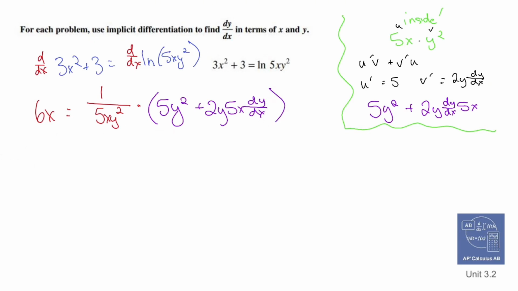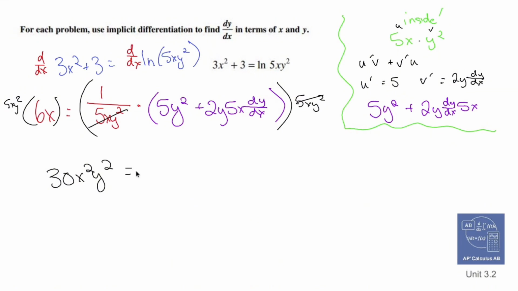What I'm going to do first is multiply both sides by 5xy squared to get rid of the 1 over 5xy squared. So that'll give me 30x squared y squared equals, nothing changes with the purple except I'm going to clean these up. So that's going to be 5y squared plus 10xy dy/dx.